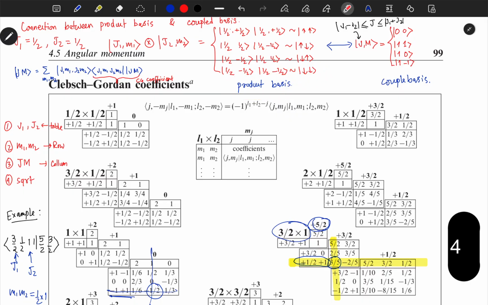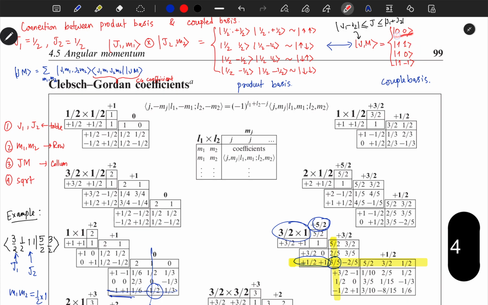So this is the tensor representation of the angular momenta and the spins. Now the coupled basis, that is the representation of j and m. So j can have values from j1 minus j2 to j1 plus j2. So in that case, plus up and plus up, the maximum value is 1 and the minimum value is 0.